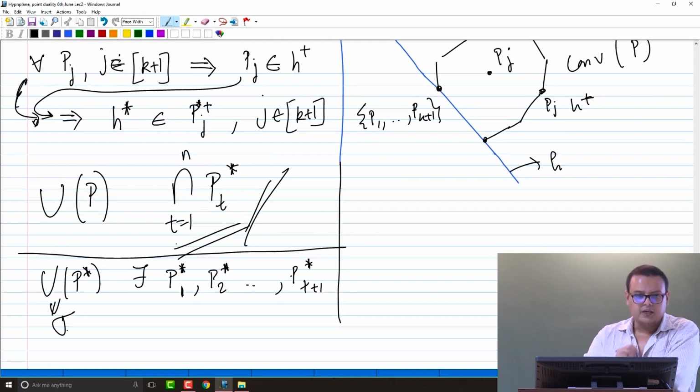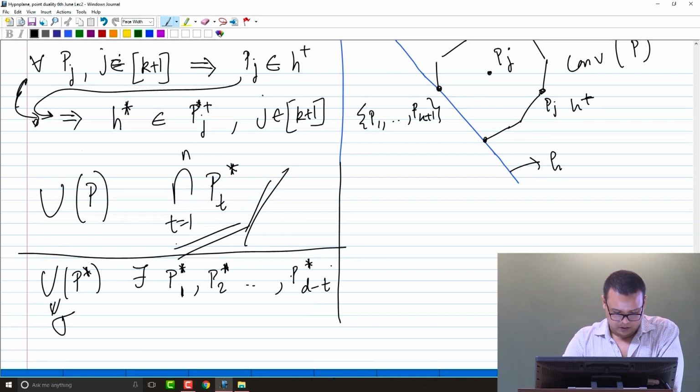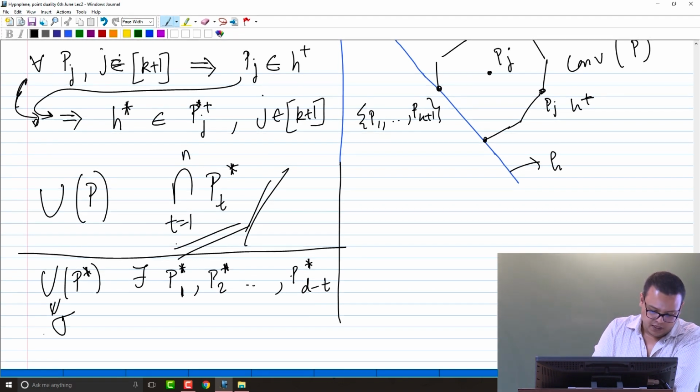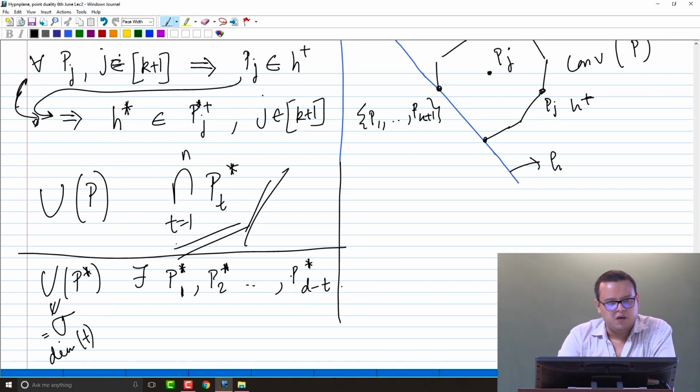Let's say this is a t dimensional sigma. Sorry, just one second, let me check. Yes. So if the dimension of sigma is t, then you will have exactly d minus t hyperplanes whose intersection is non-empty, right?